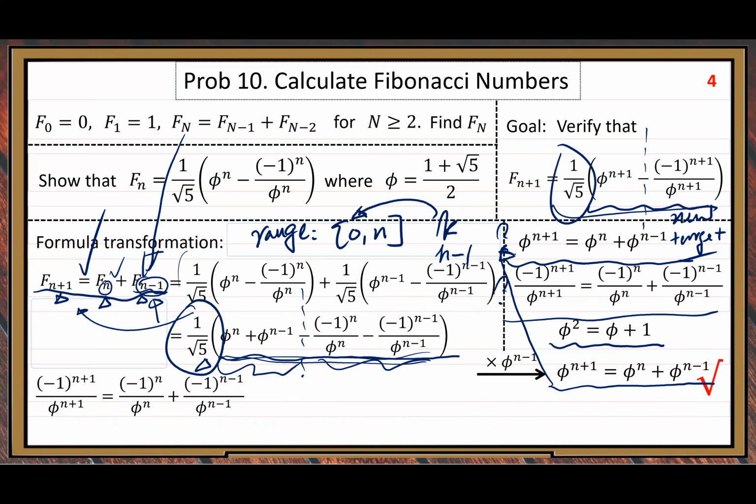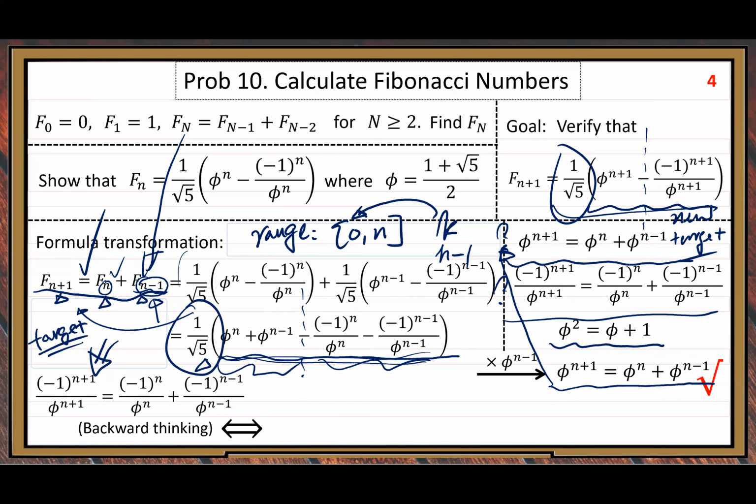For the second target, to show that, we use one special, commonly used method in problem solving. That's called backward thinking. Backward, because this is our goal, right? This is our target.